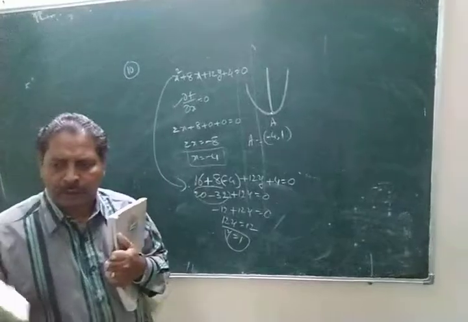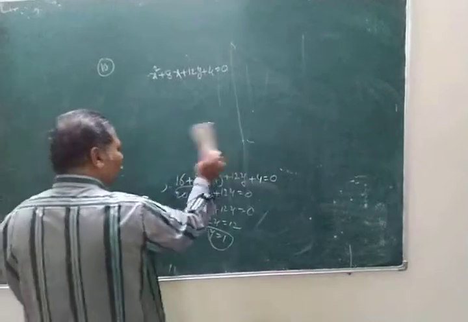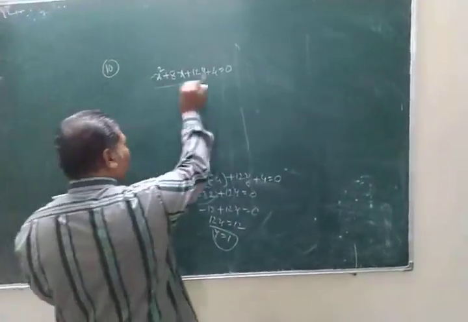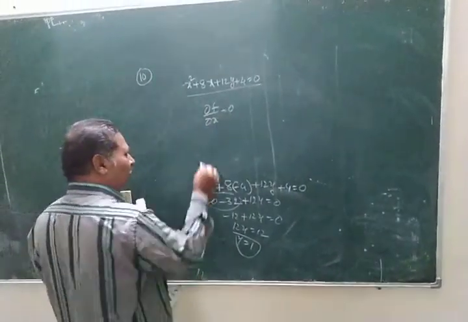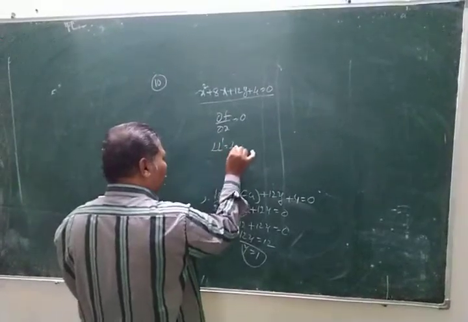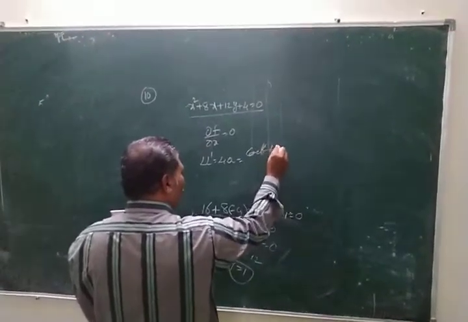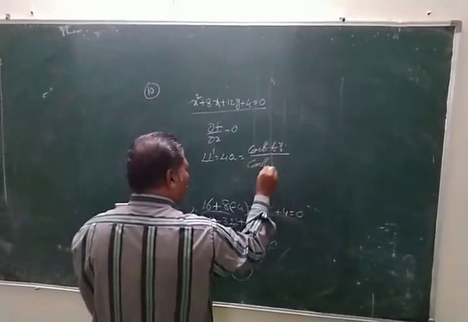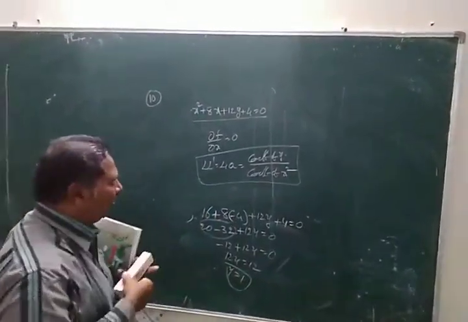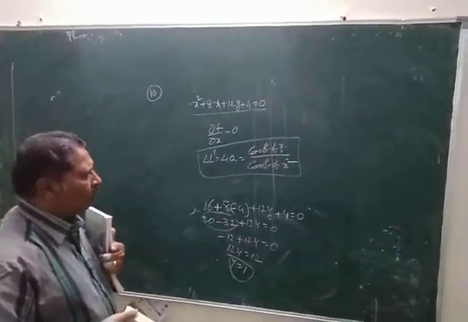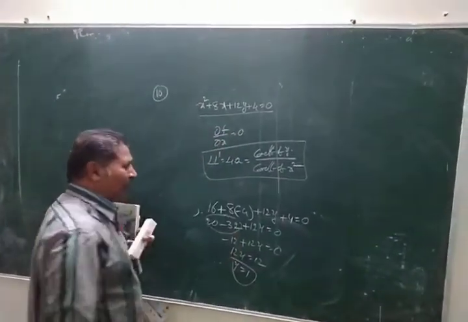Write two shortcut formulas. This is an x square parabola. The equation of the axis is dou f by dou x equal to 0.